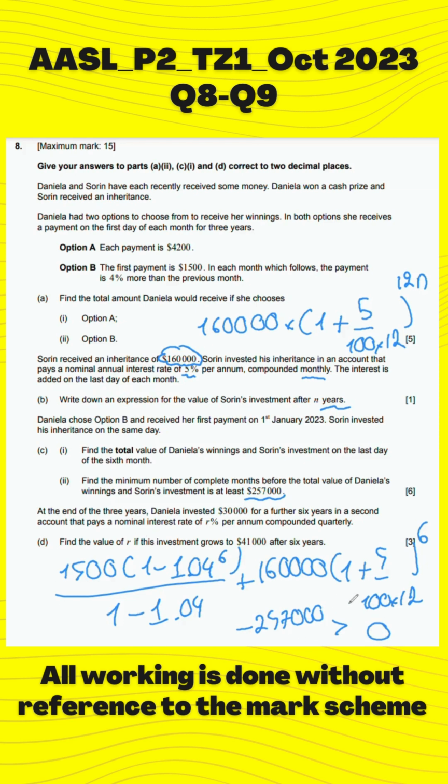And I push this function into the GDC and find the x-intercept. So from that, we try to find the term. This will be x. Okay, so from that we know that x must be bigger than 28.44. So the minimum number will be 29.